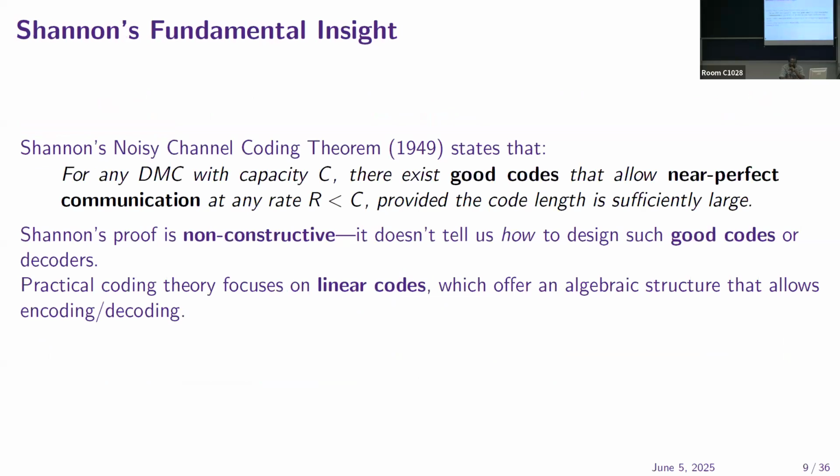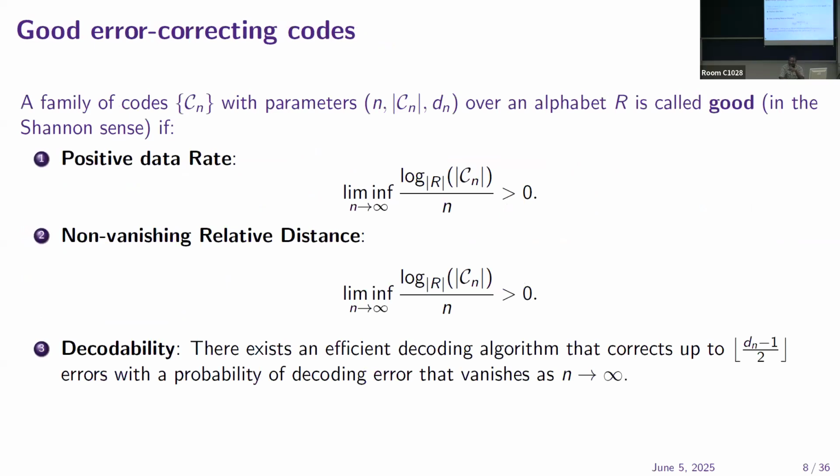Shannon's foundation. Shannon's noisy channel coding theorem states that for any discrete memoryless channel with capacity C, the capacity of the channel being a function of the entropy of the channel, there exists a good code in the Shannon sense.